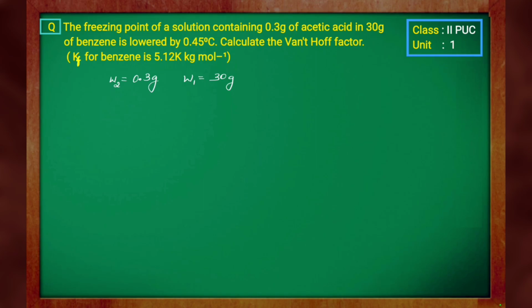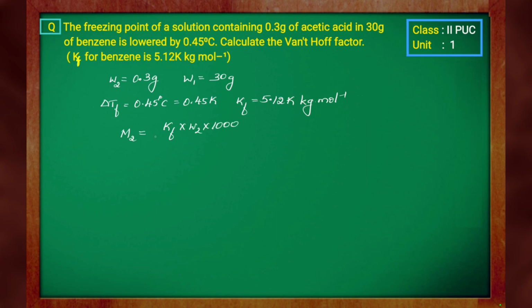They observed that the freezing point was lowered by 0.45 degree centigrade. This is also equal to 0.45 Kelvin, so this is the depression in the freezing point, delta Tf. Also, they have given us the value of Kf for benzene, which is 5.12 Kelvin kg per mole. So now we have the formula. The molar mass of solute M2 is equal to Kf into W2 into 1000 divided by delta Tf into W1.